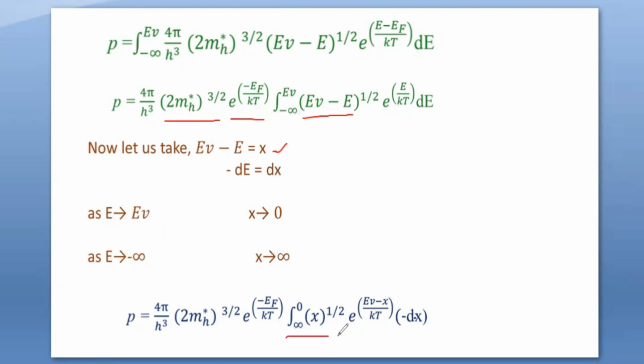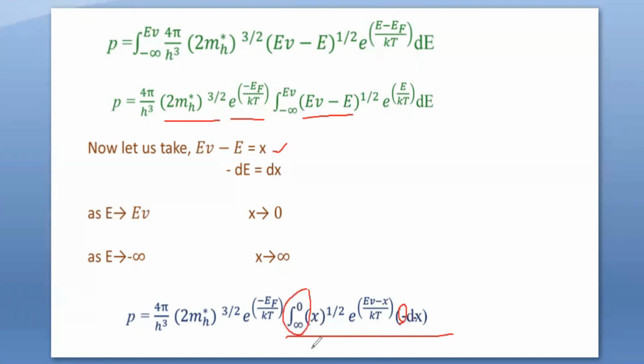So the integration part becomes integral 0 to infinity of x power 1 by 2 e to the power of (EV minus x) by kT into minus dx. This minus sign is used to interchange the limits, so the limits change from 0 to infinity.